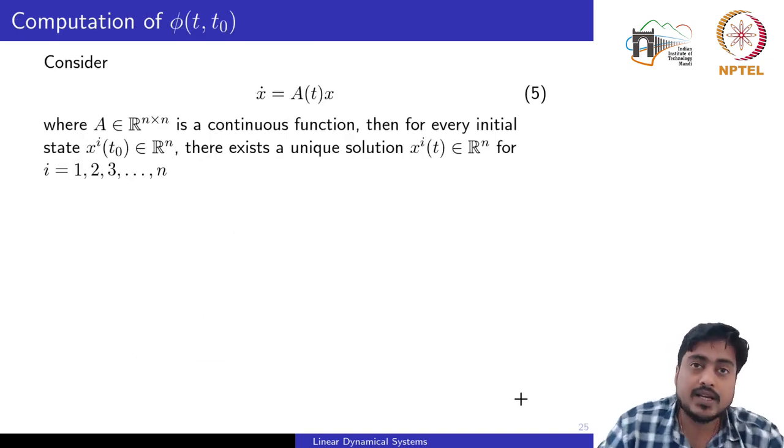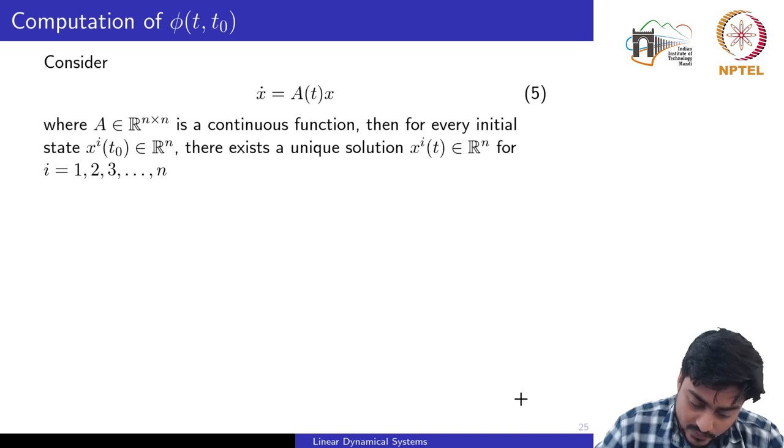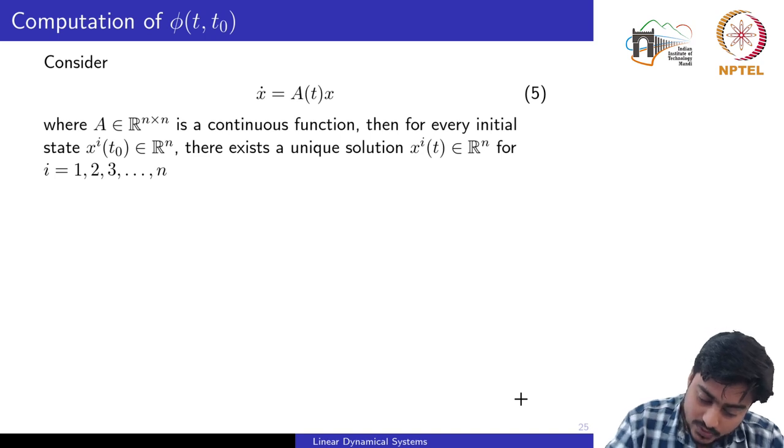So the important part here is how to compute the state transition matrix. So first of all, let's consider again the homogeneous system x dot is equal to A(t) x. So we know then, for every initial state xi(t0), which is an n-dimensional vector, now here I am taking different initial conditions.